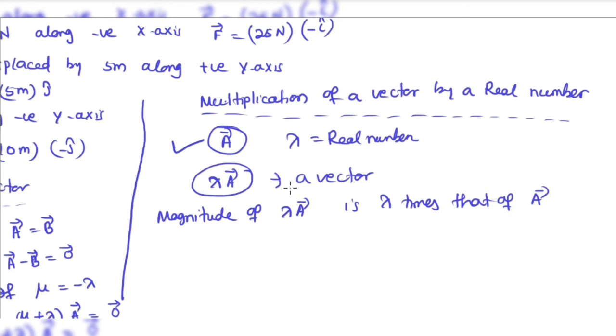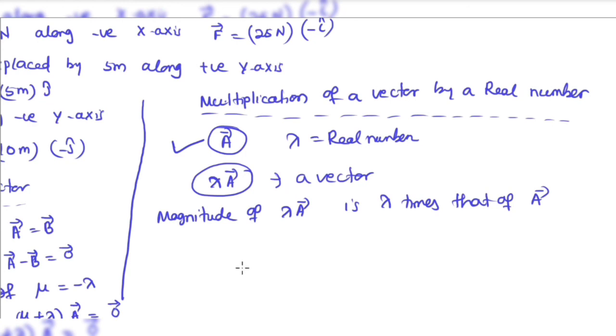Now if I multiply lambda with a vector, then I will get another vector. And the magnitude of lambda a vector will be lambda times the magnitude of a vector.